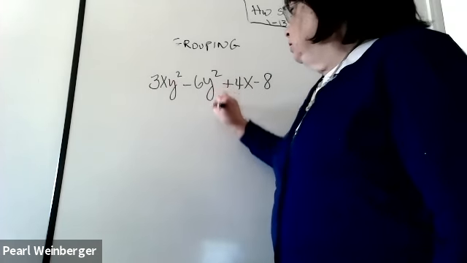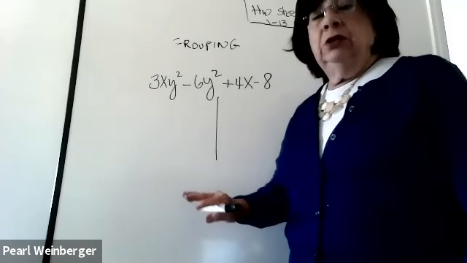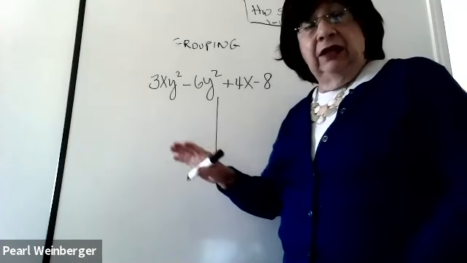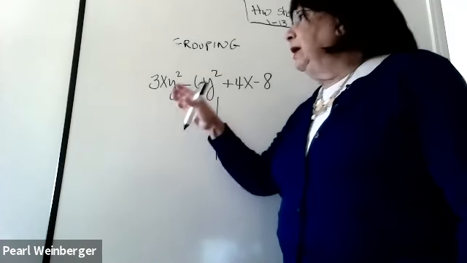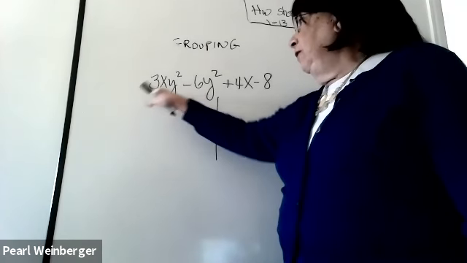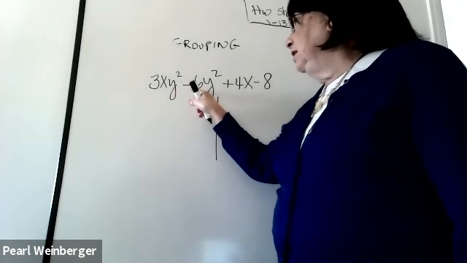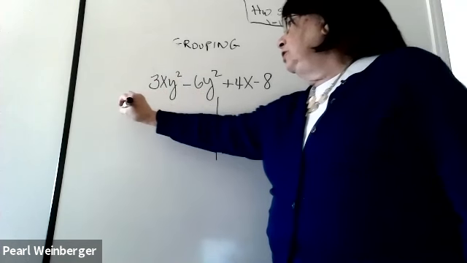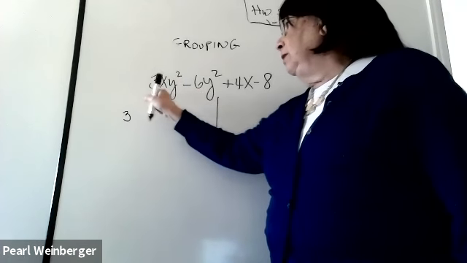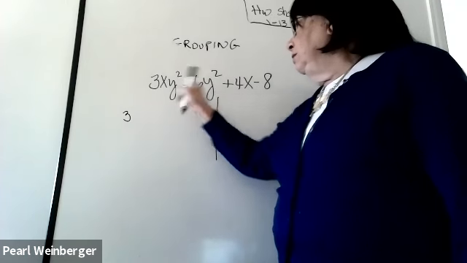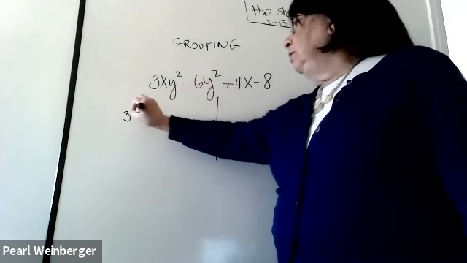So we're going to try and break it up into two groups and see if we could factor it by groups. So take my first two, the 3xy squared and the minus 6xy squared. First of all, there's a common factor of 3 because 3 goes into 3 and into 6. There's no x in both of them, but there's a y squared in both of them.